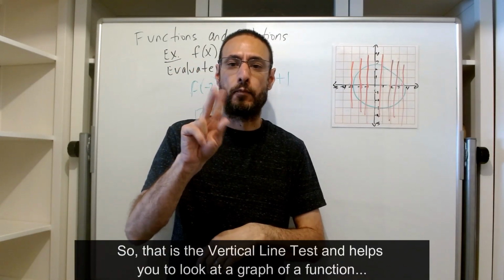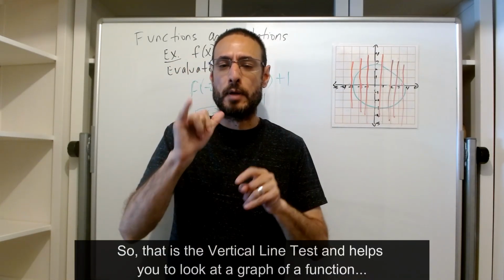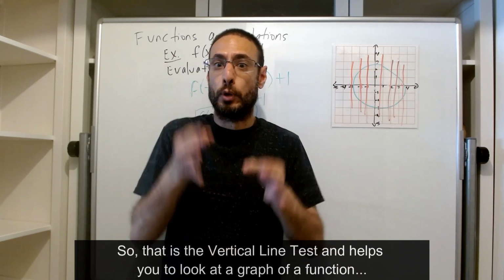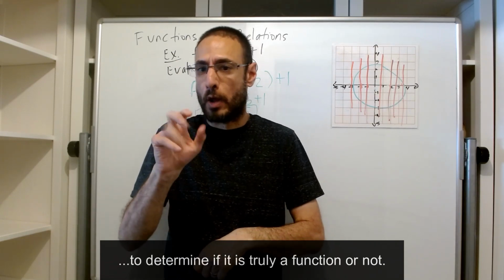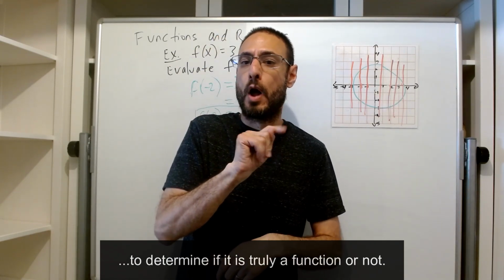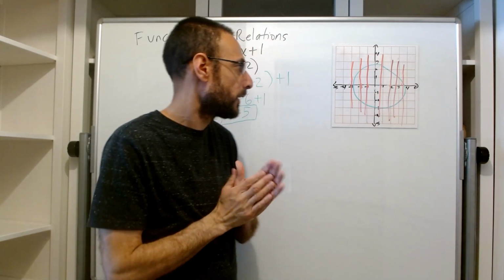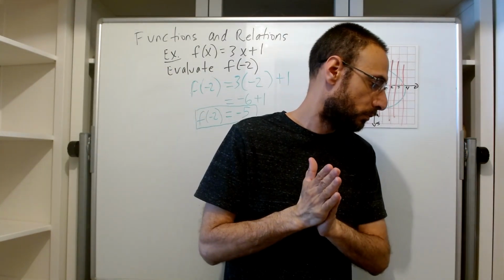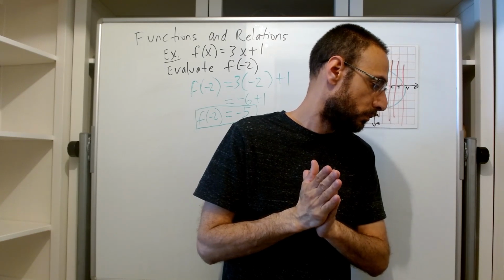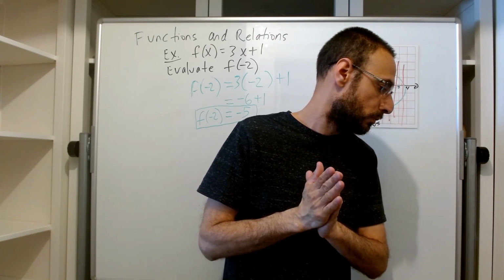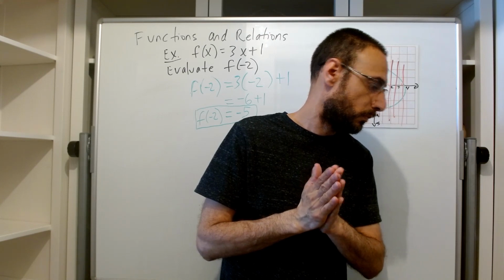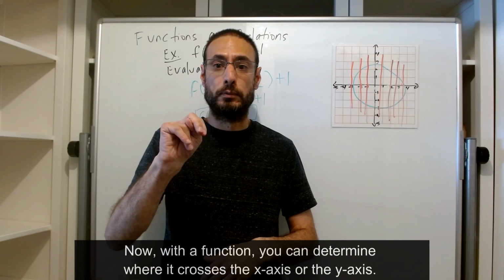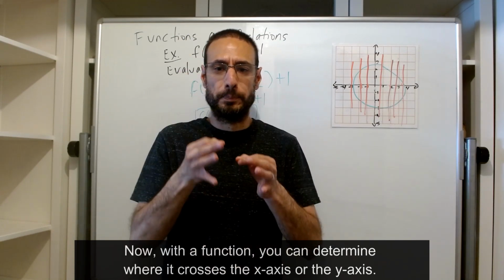So, that is the vertical line test and helps you to look at a graph of a function to determine if it is truly a function or not. Now, with a function, you can determine where it crosses the x-axis or the y-axis.